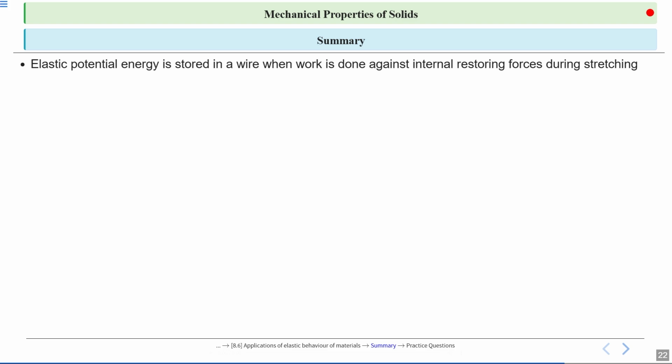Now at the end of the lecture, we will see some points to remember. So elastic potential energy is stored in a wire when work is done against internal restoring forces during stretching.